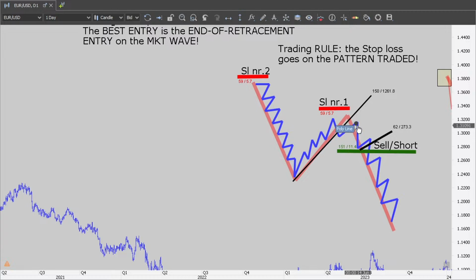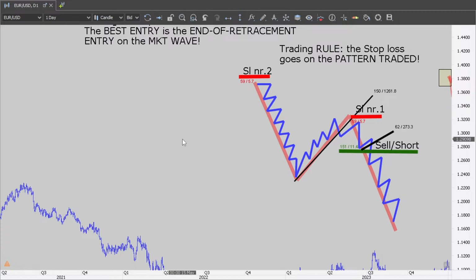If you choose to trade the blue, the stop loss goes on the most recent high on the blue. But if you are going to say, no, I'm not trading the blue, I'm trading the red, then yes, the stop loss goes on the stop loss number 2.